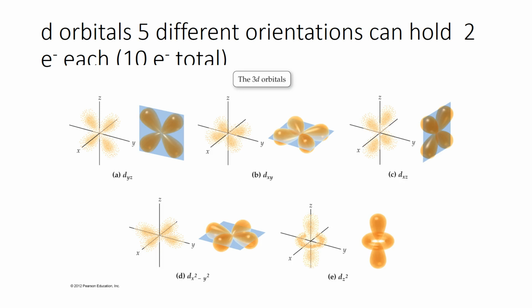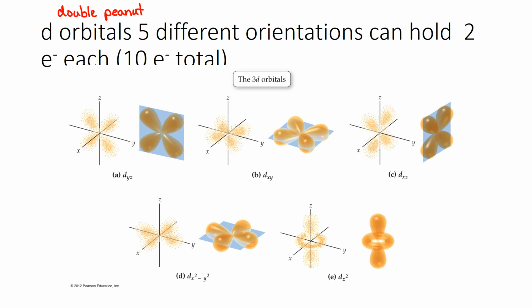All right. Now, the d orbital, or d sublevel, has 5 different orientations. The common name for D is a double peanut, because it looks like 2 peanuts laid across each other.